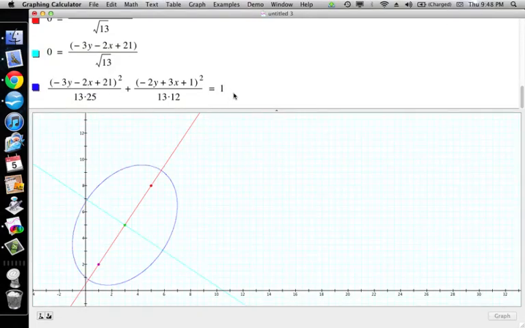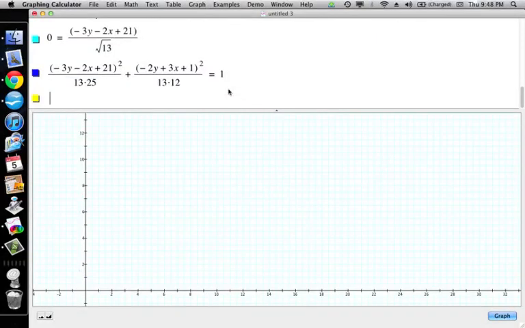One last thing that I can do with this is take that equation and, well, let's just do 13 times 25, which is 325. So let's replace that by 325.